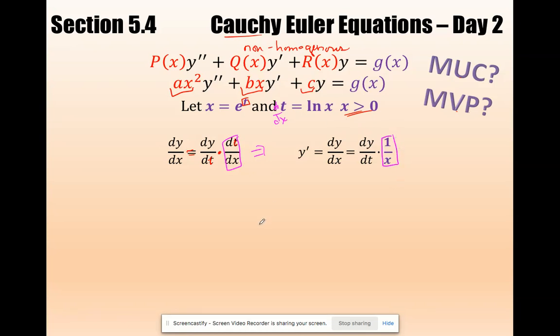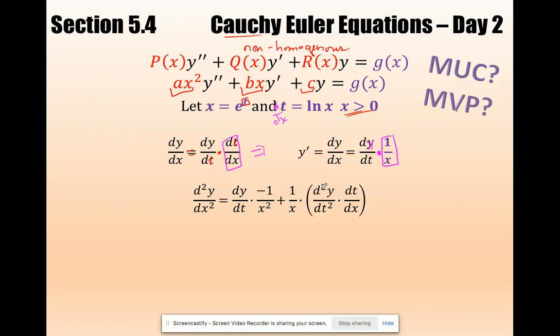So y prime. I need y double prime though. So the second derivative of a product is the product rule. So it's dy dt times negative 1 over x squared, because that's the derivative of 1 over x, plus 1 over x times the derivative of this y with respect to t, which means there's already one derivative.